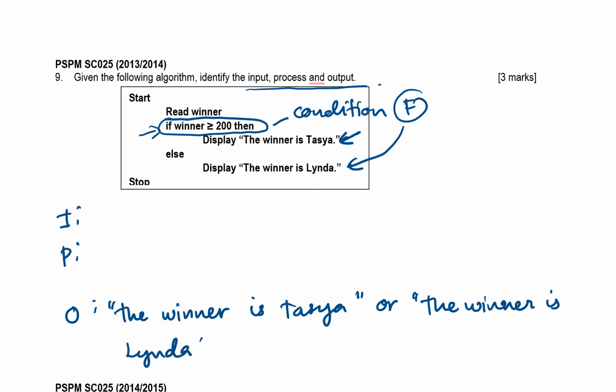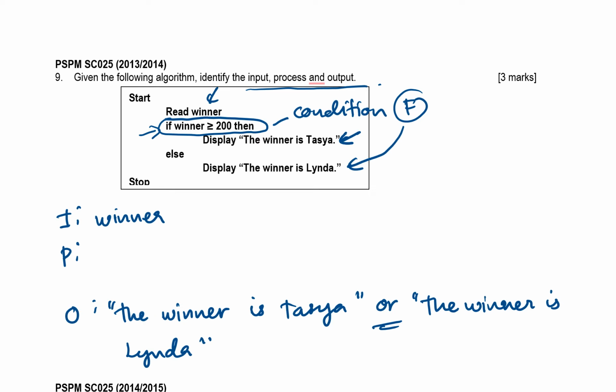So make sure you put double quote. You have to use or because it is either one. It will not display both, but it will display either one, based on the condition. How about the input? The input is winner.